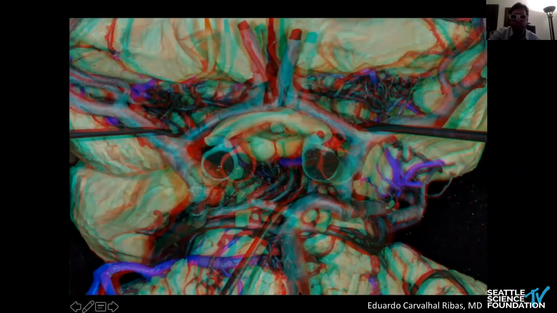Now let's go posteriorly. We can see the basilar artery here. The basilar artery at its top opens into two PCAs, one for each side, the left and the right PCA, posterior cerebral artery. If you follow the posterior cerebral artery, you can see the posterior communicating artery.